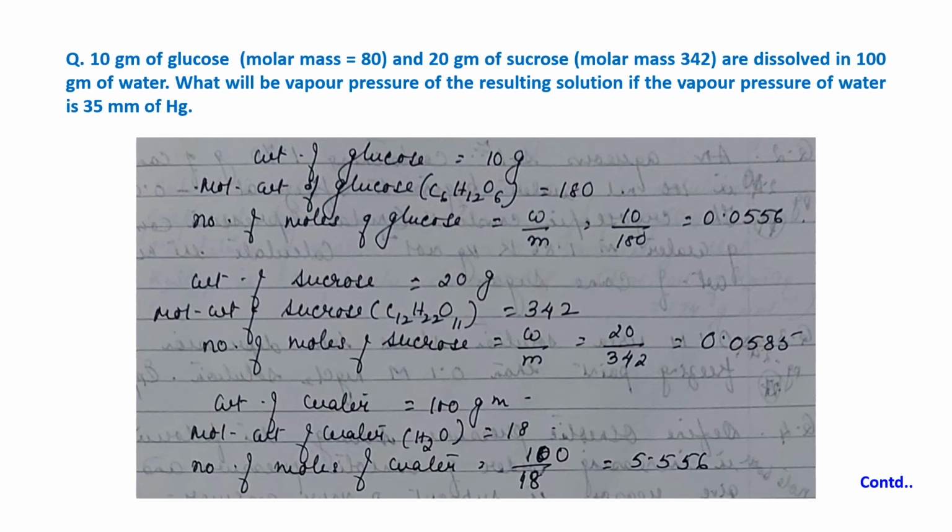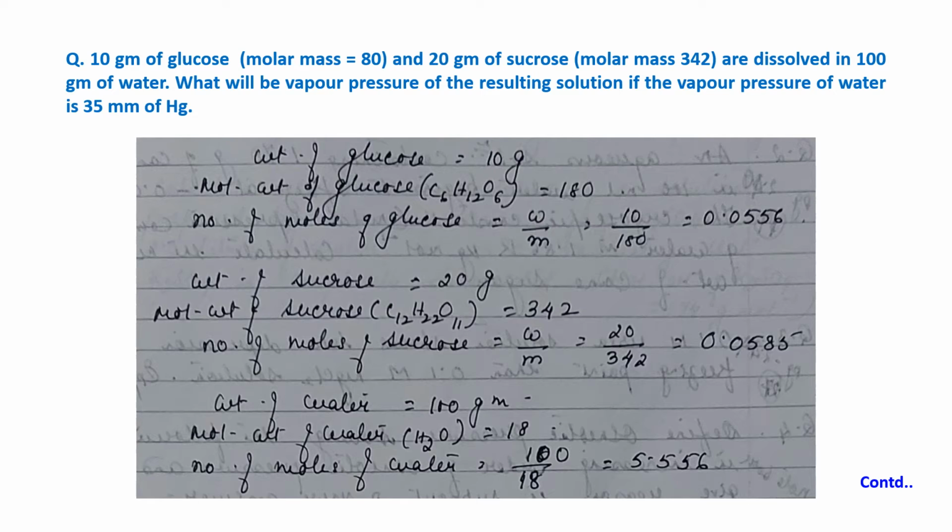Next question. 10 gram of glucose, molar mass is 80, and 20 gram of sucrose, whose molar mass is 342, are dissolved in 100 gram of water. What will be the vapor pressure of the resulting solution if the vapor pressure of water is 35 millimeter of mercury?